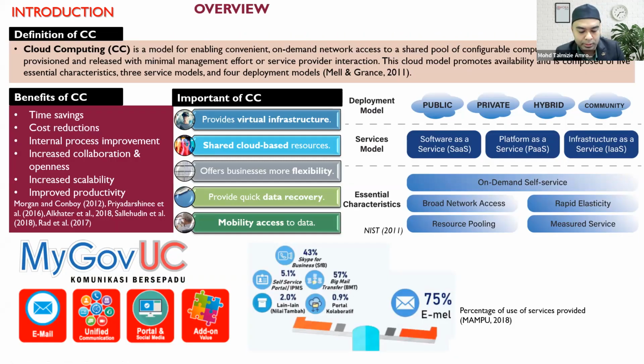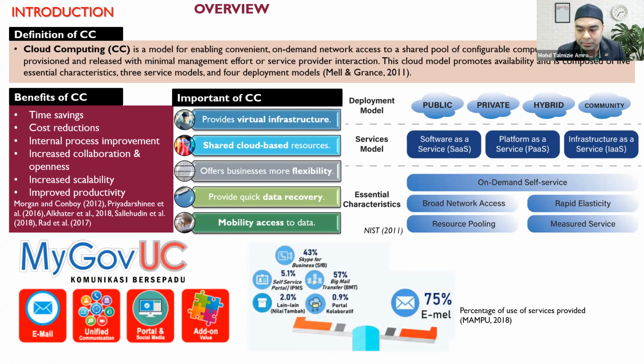This is my case study actually. The Malaysian Government Unified Communication and Collaboration, MyGov-UC, was launched in 2015. MyGov-UC offers communication channels such as email, video call, teleconference, and short messaging services through a common platform for agencies via cloud-based service.